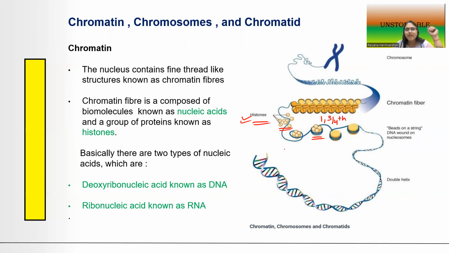Okay. So once they are wrapped, how do they look? They look like beads on a string, like the beads in your necklace. So let us just give a quick reading. Our nucleic acids are of two types, DNA and RNA, that is deoxyribonucleic and ribonucleic acid.